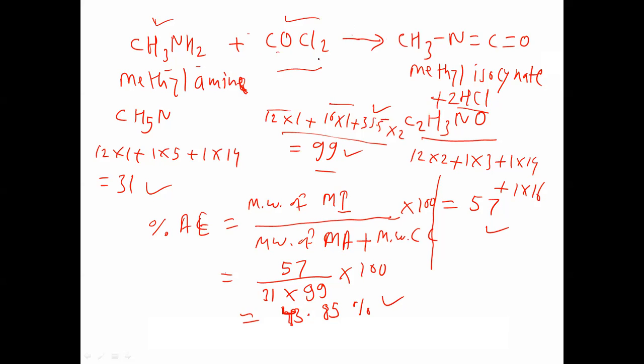Both chlorine atoms present in the reactant are not in the product. There is no chlorine atom in the product, but chlorine is in the byproduct. That is why the atom economy fell to 43%. So this is the significance of the atom economy calculation method.